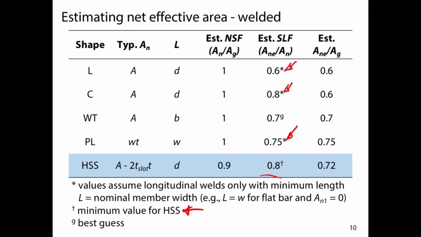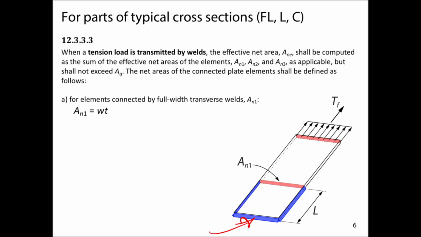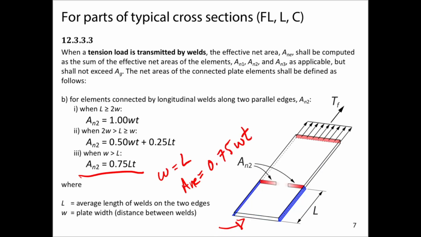And then we have a different set of shear lag factors that we might be dealing with for welded connections. So we basically said we used to bolt stuff, and that results in certain losses of the net section, and then we have certain factors for shear lag effects. Welds tend to change that. If we don't have a transverse weld, we might be dealing with 75% of the area.